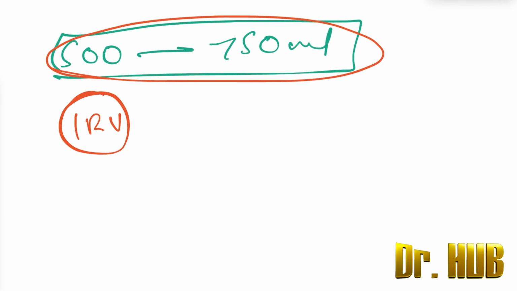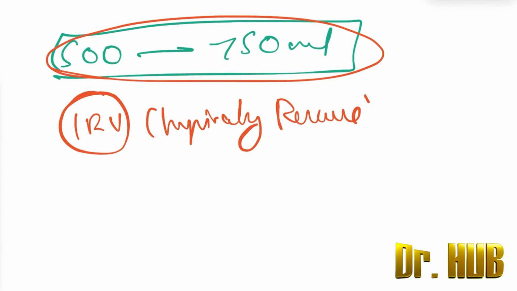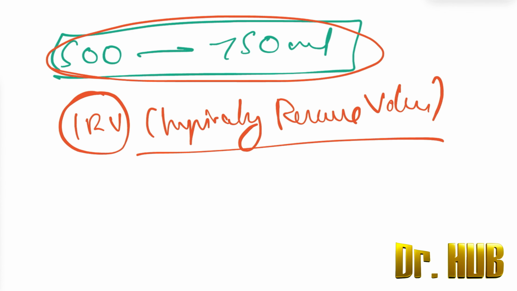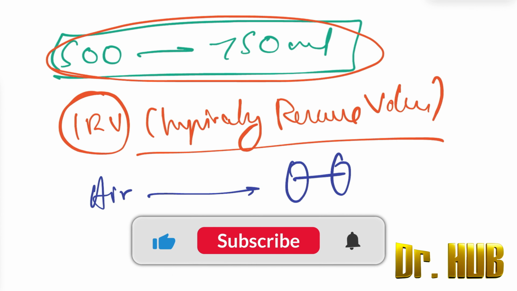Now we are looking at IRV. IRV is the inspiratory reserve volume. It is the air which is inspired. You have the lungs, and air is entering the lungs with forceful inspiration.